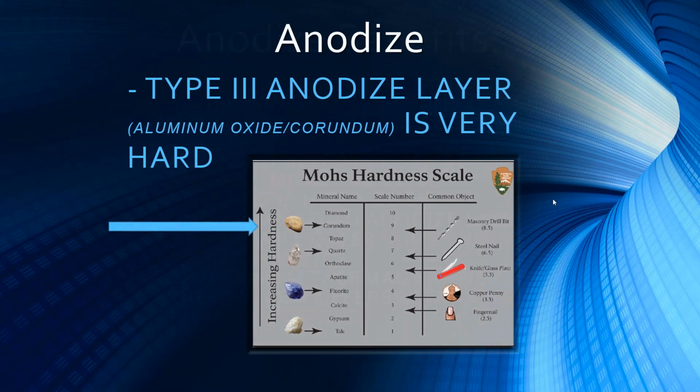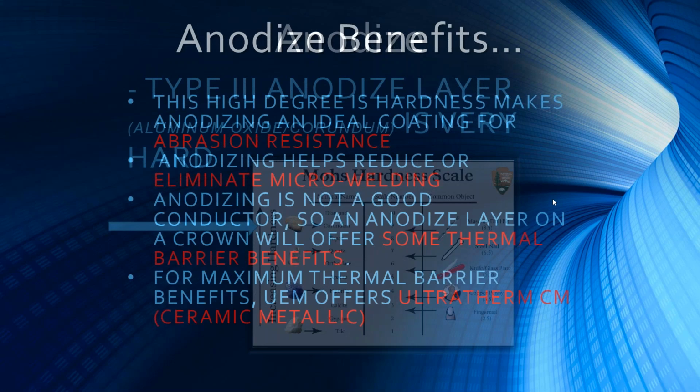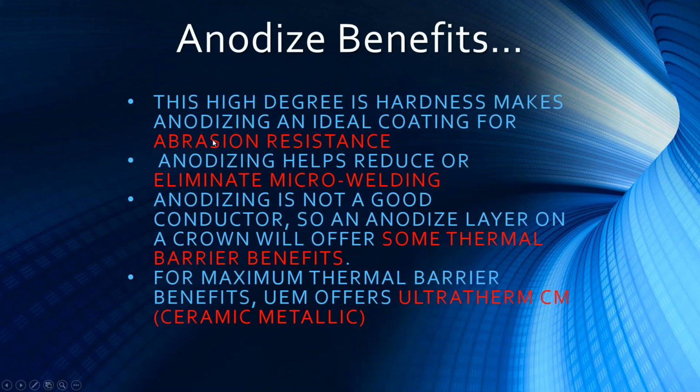And what it does, that hardness obviously provides some abrasion resistance for wear, especially on the top ring groove. And because of the micro welding, now micro welding is basically where similar materials under pressure and high heat will actually form a temporary weld, and it pulls off a piece of the aluminum and puts it on the ring.